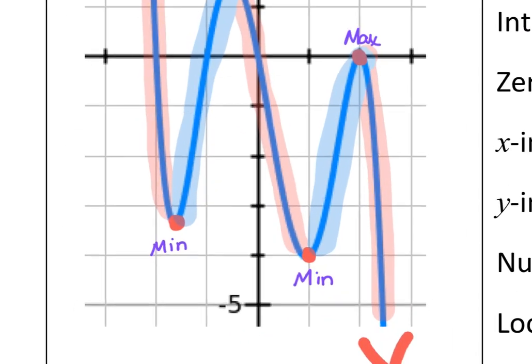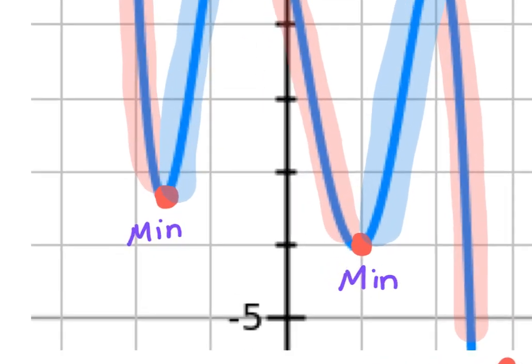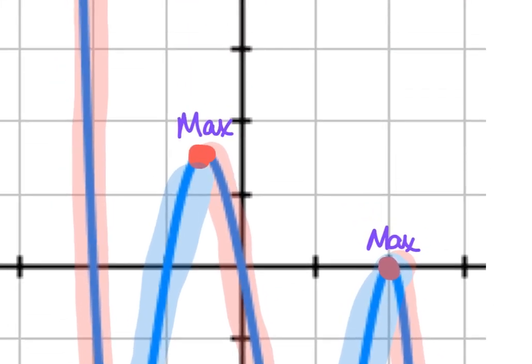So the x value here I would say is about negative 1.5. And the x value here is about x equals positive 1. Those are the 2 mins. And then the maxes, let's say x equals negative 1/2 or negative 0.5. And x equals positive 2.